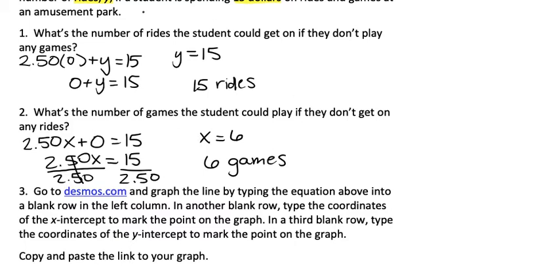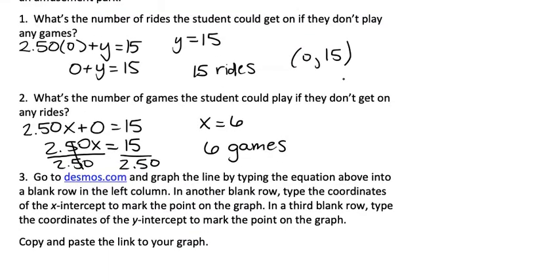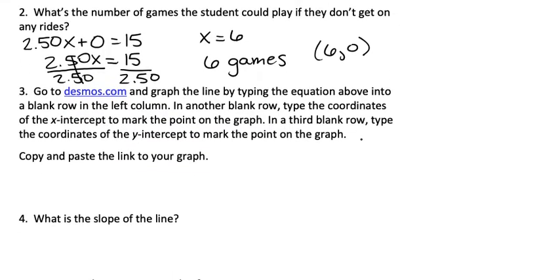If the student doesn't play any games, that would correspond to the y-intercept of 0, 15. Remember that the x-coordinate is number of games and the y-coordinate is number of rides. The answer to question 2, if they didn't get on any rides, they could play 6 games, corresponds to the point on the line of 6, 0, or the x-intercept.